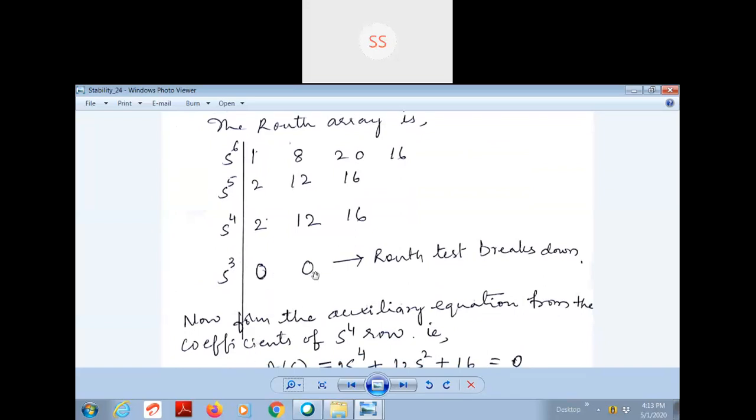In order to replace the 0 by coefficients, we have to form an auxiliary equation. The auxiliary equation is nothing but a part of the main characteristic equation.